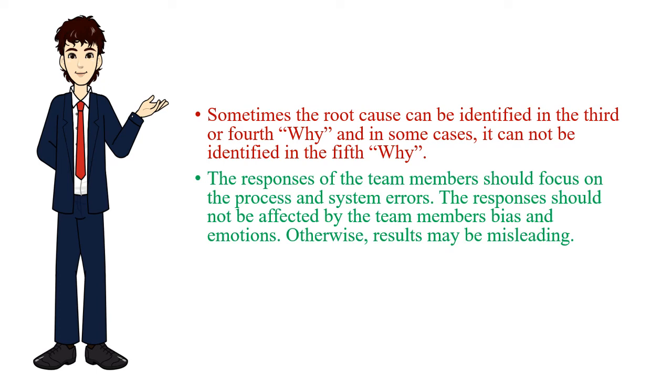The team member should not be biased, because if he is biased or emotional, he will always think in the line of his emotion or his bias, and he will obviously get to the wrong conclusion. That's why I have told you that a team is important, because if we are working with only one or two persons, the probability of getting a wrong result is more.